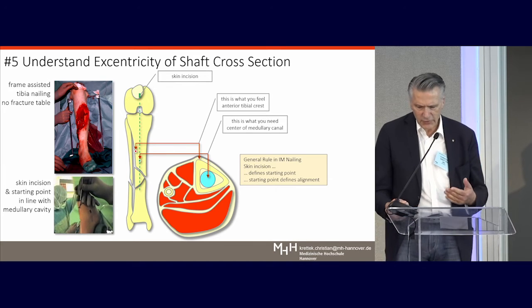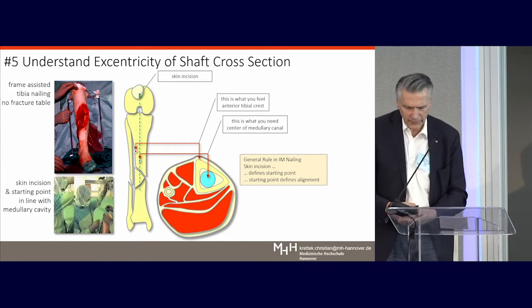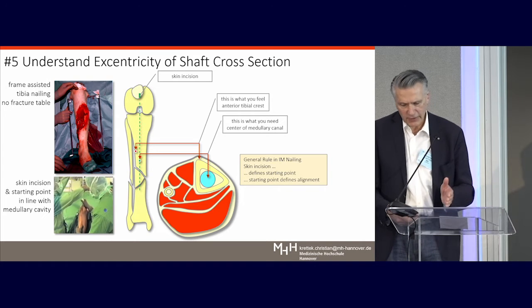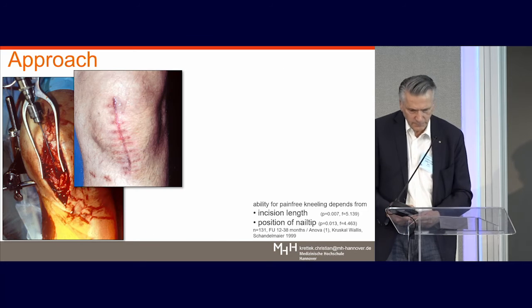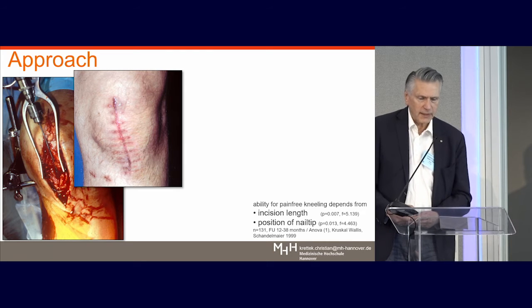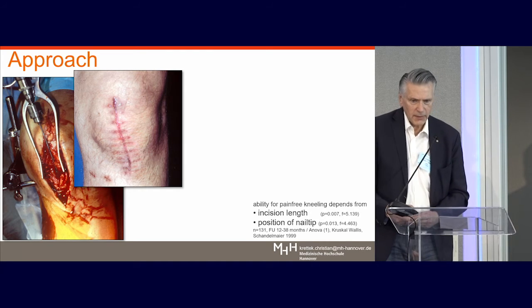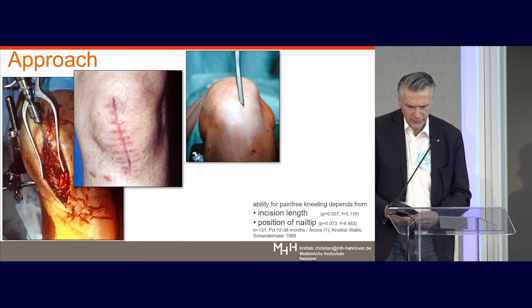And as a general rule, in all sorts of nailing, skin incision defines starting point defines alignment. I never understood why for a 10 millimeter implant we need to have a 10 centimeter incision, when it is placed in the right place, like in this example.